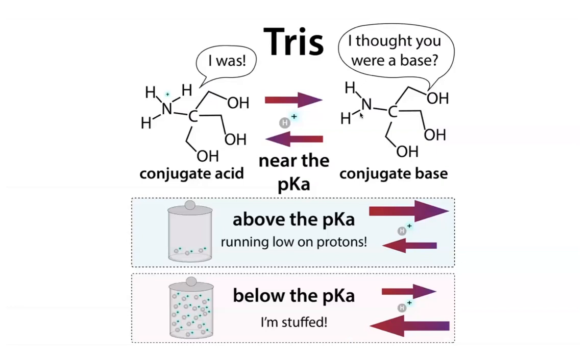At 1 pH unit above, you have tenfold more of your conjugate base. And at 1 pH unit below, you have tenfold more of your conjugate acid, but you still have quite a bit of both of them. And so we consider this buffering range to be plus or minus 1 pH unit of the pKa. And that's one of the reasons why we choose different buffers if we want different pHs.